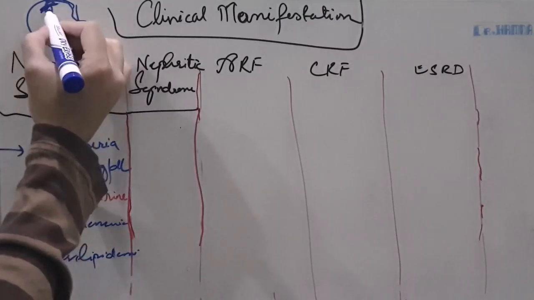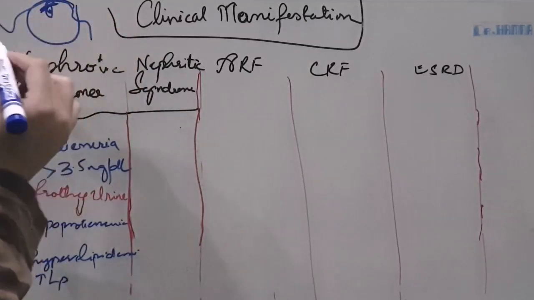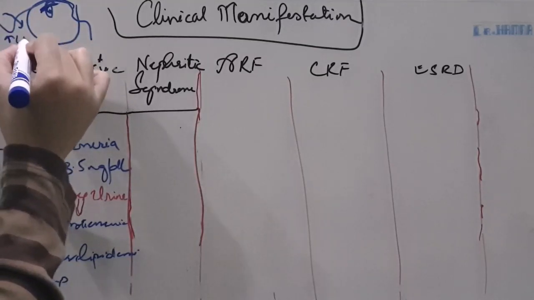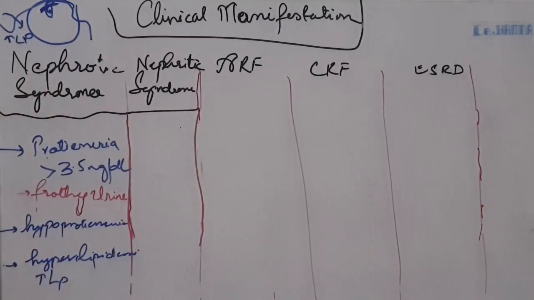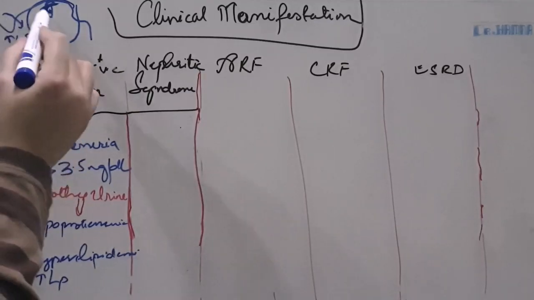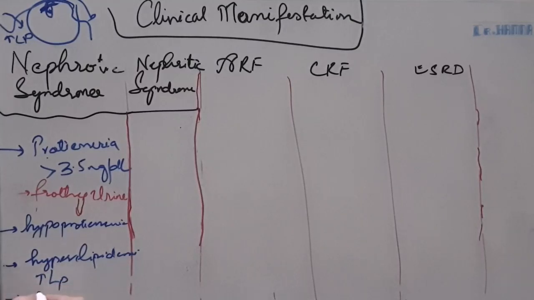When the protein is lost from the glomeruli, the liver in turn comes for the help and starts producing an increased amount of lipoproteins. These lipoproteins bind with the triglycerides and then they are transported within the blood. So increased lipid content leads to an increase in lipiduria, which is the fourth manifestation of nephrotic syndrome.